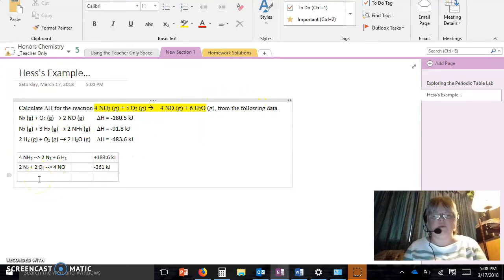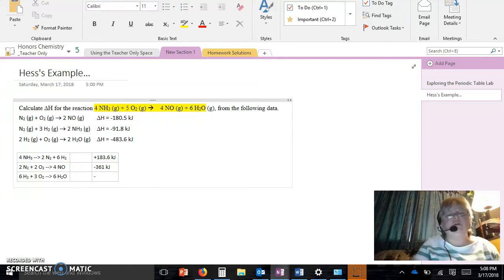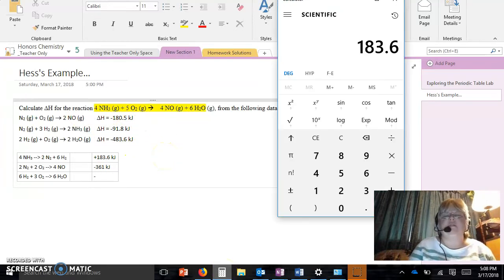So I'm going to triple the whole reaction. 6H2 plus 3O2 yields 6H2O. Now, I tripled this one. I didn't flip it, so it is still going to be negative, but I tripled it, so I'm going to have to multiply this given heat of reaction by 3.